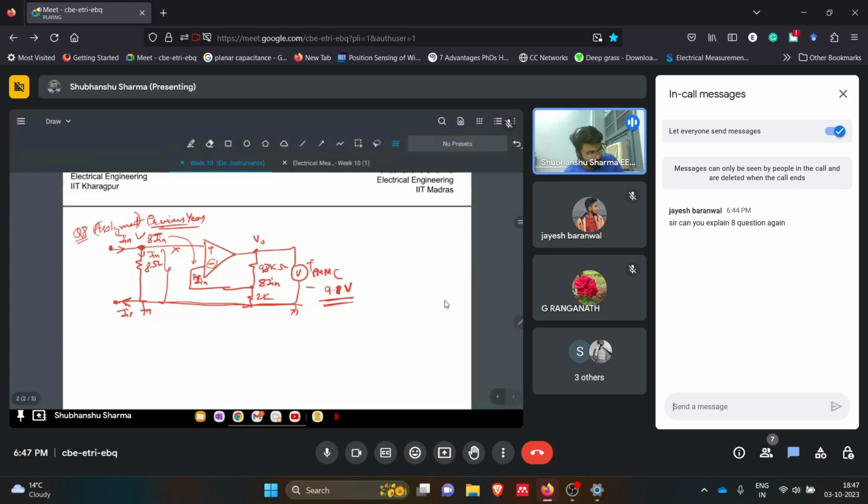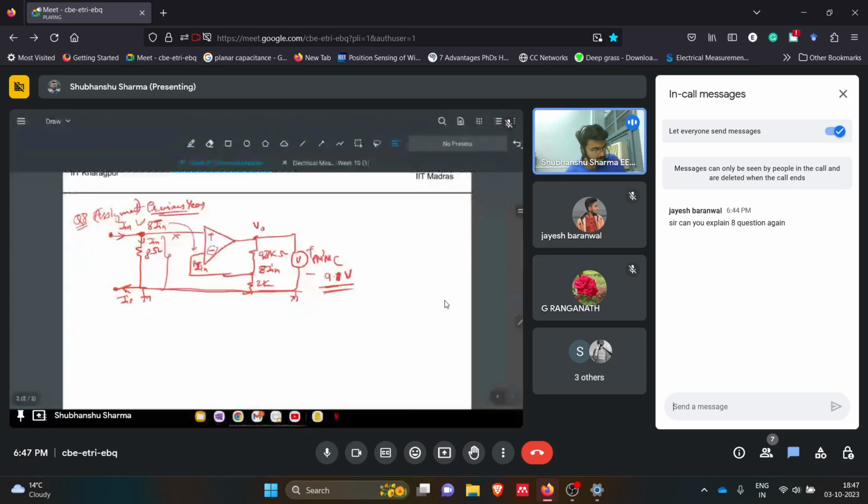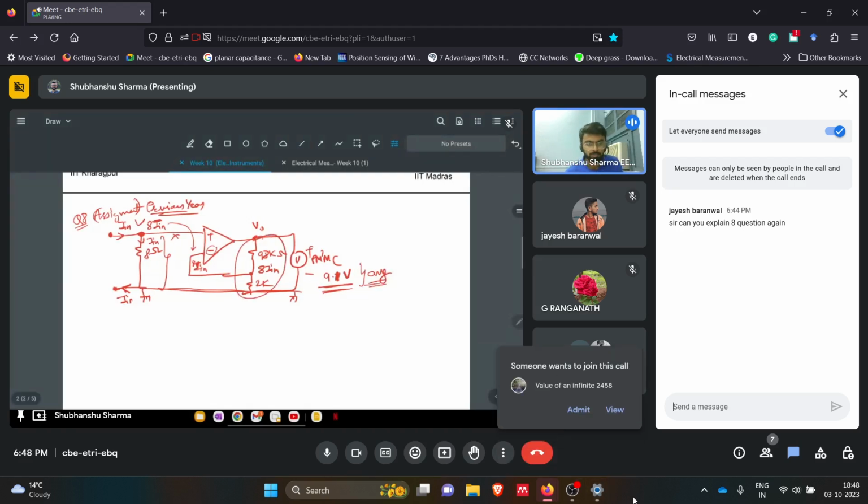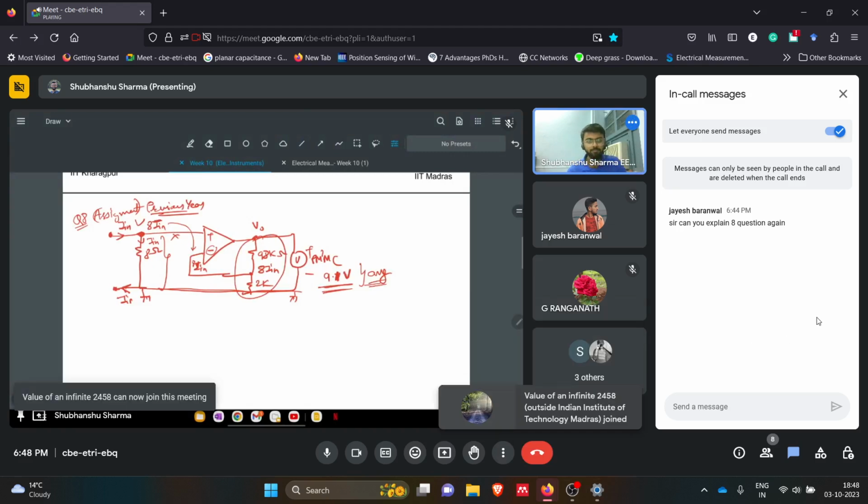Now we know that this PMMC instrument is having 9.1 volts, so this is basically the average. If we know this voltage drop, then we can equate that with the 9.1 volt average value.